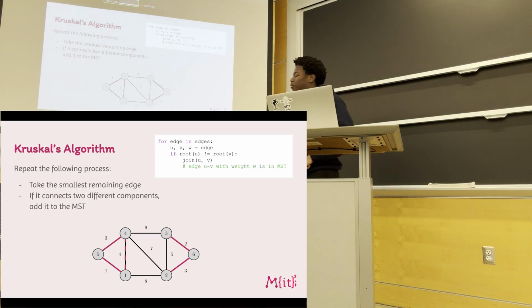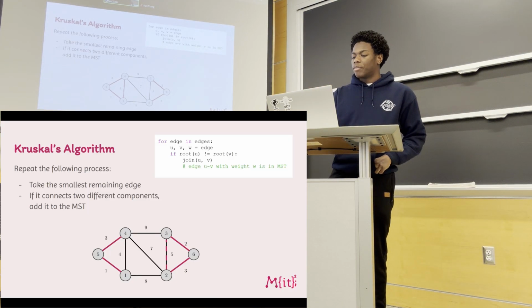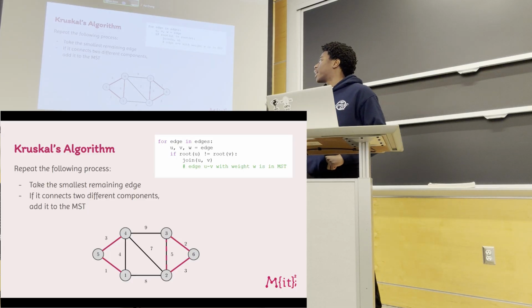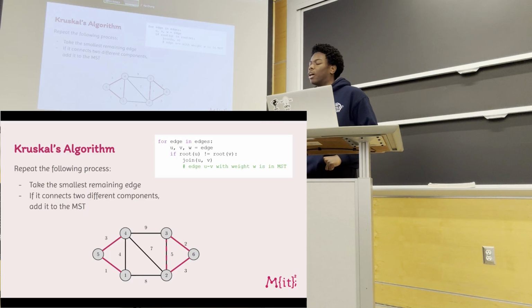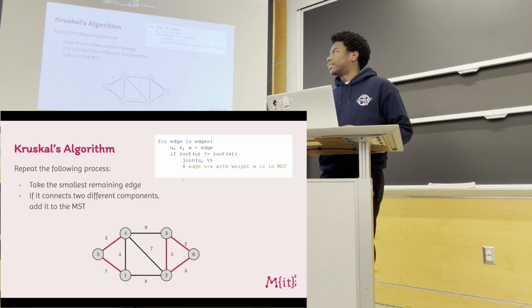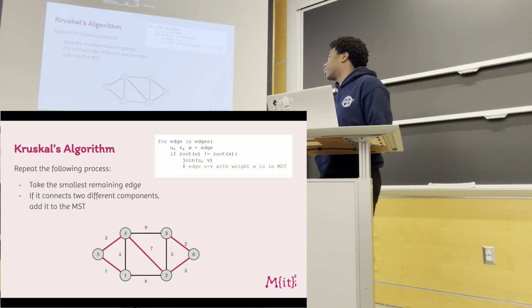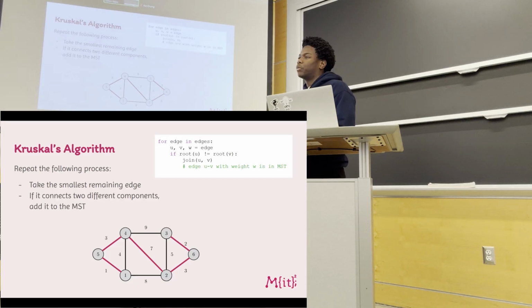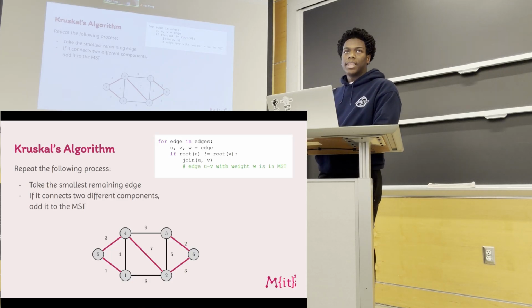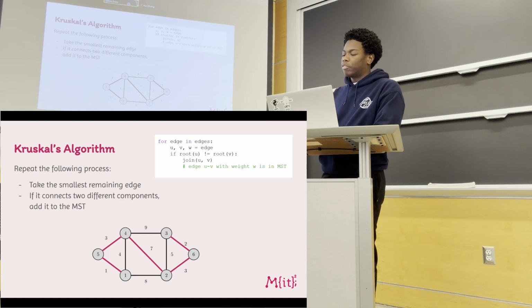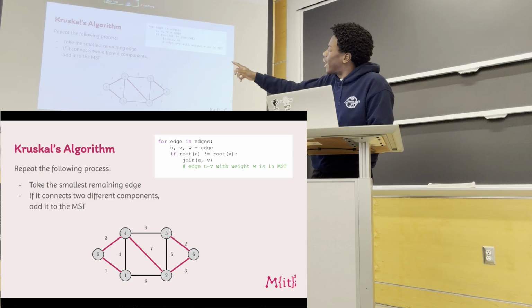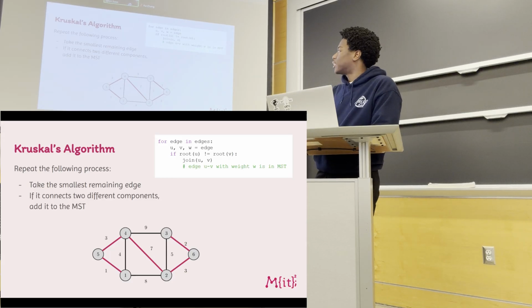In that case, we end up skipping 4. And then we ask the same question for 5, but again, vertices 2 and 3 are connected. Since 5 would be redundant here, we skip it. But then for 7, we actually include it because the left and right components were not connected before the addition of 7. Was that clear for everyone? All right. So for this particular graph, this S shape would be the MST.